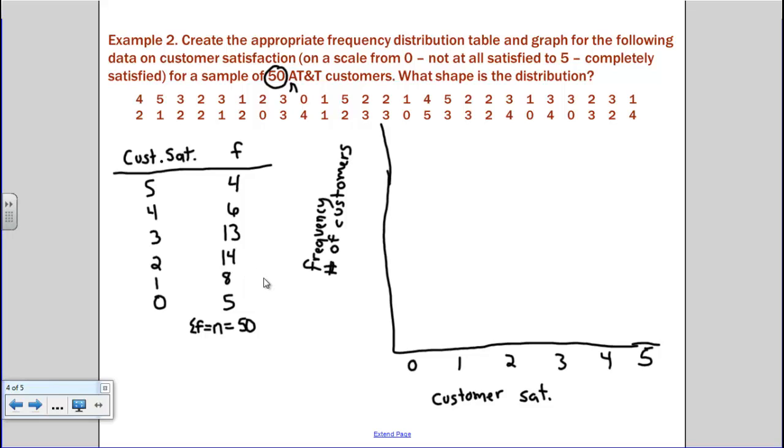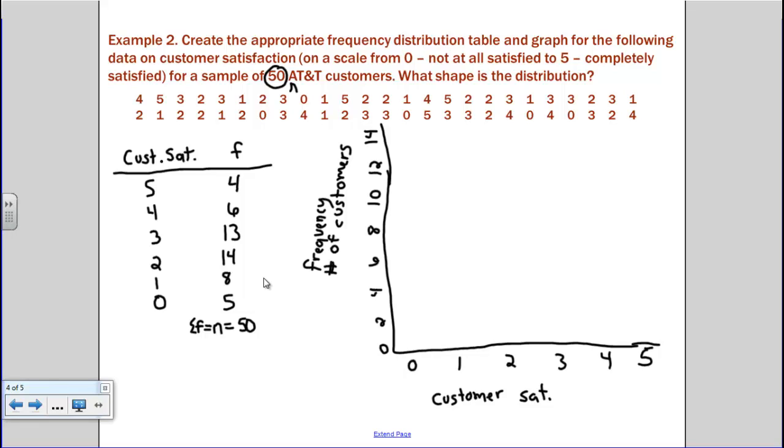So I'm going to go ahead and count by twos along my y-axis. And that's perfectly okay as long as it makes sense and it's simplifying your data. So this will be a 0. We have 2, 4, 6, 8, 10, 12, and 14.